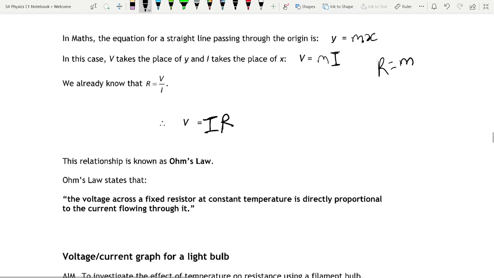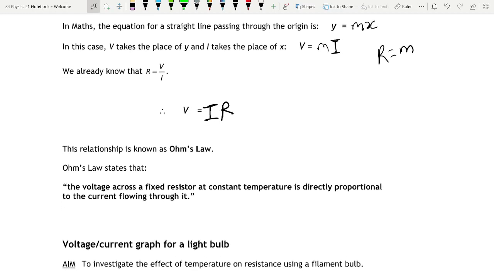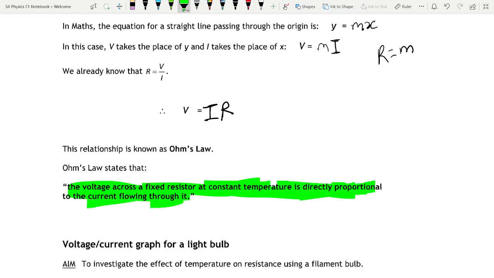This relationship is known as Ohm's law, and Ohm's law states that the voltage across a fixed resistor at a constant temperature is directly proportional to the current flowing through it.